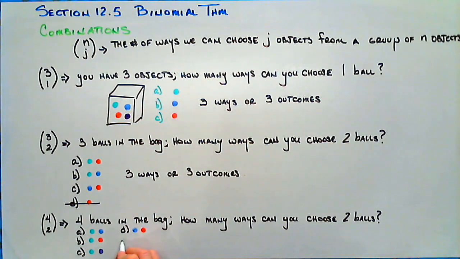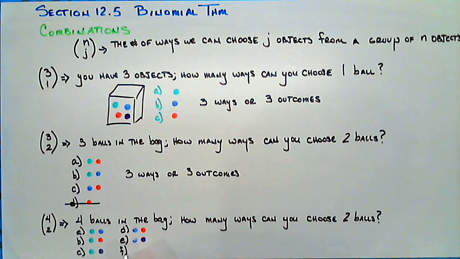Anything else possible? Is there another combination that's possible? You're right. I could have taken the blue ball out first, and with the blue ball, we would have picked what would be different. We have blue and green here. We have blue and red here. So we could have had blue and purple, huh?